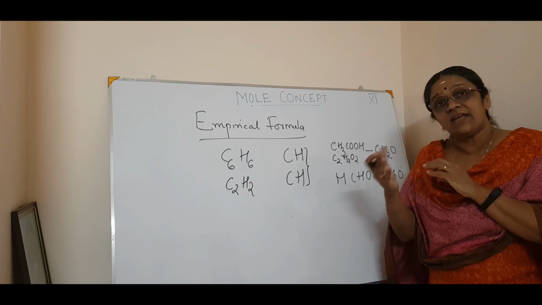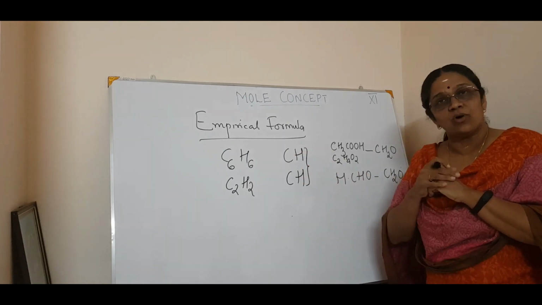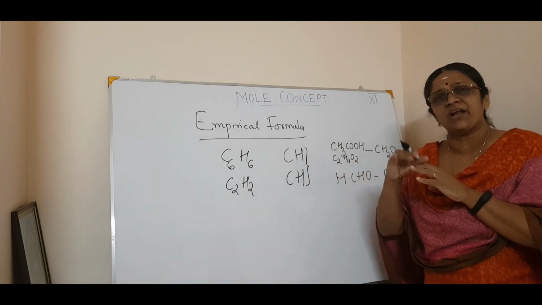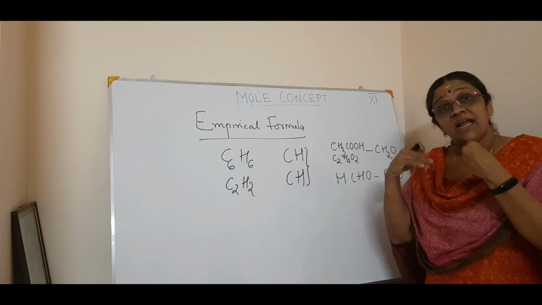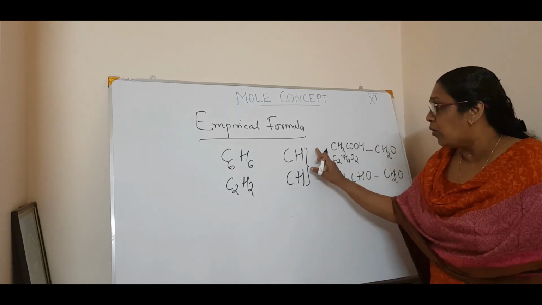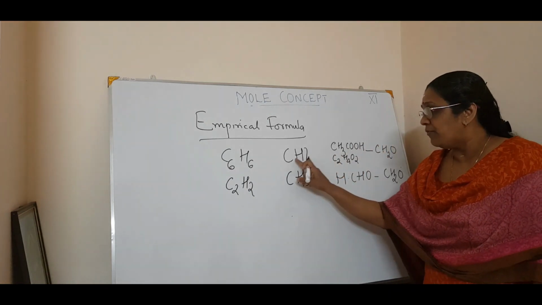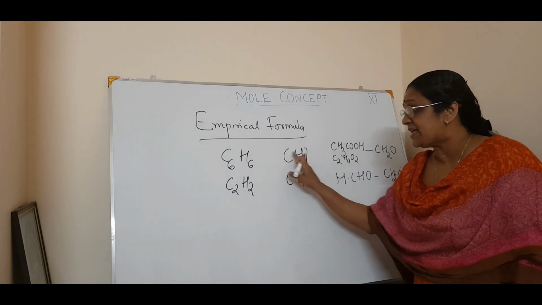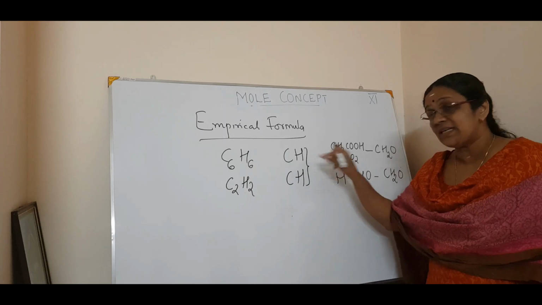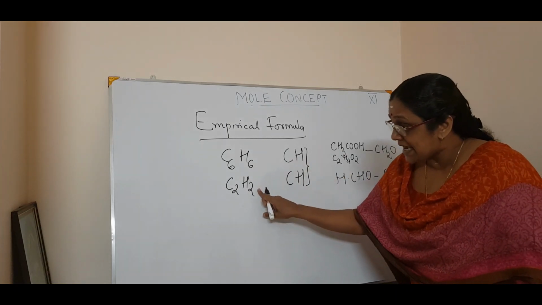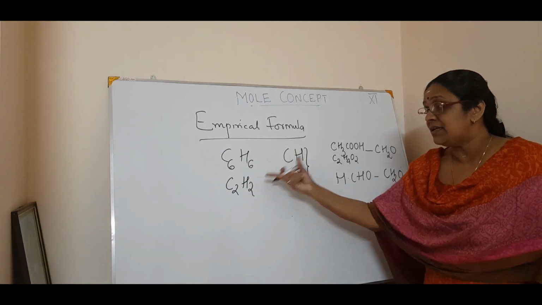It doesn't give any information regarding the physical or chemical property or whatever it may be. Because you know, benzene has the empirical formula CH, correct? Now, acetylene also has the empirical formula CH. So, can we say acetylene is the same as benzene?